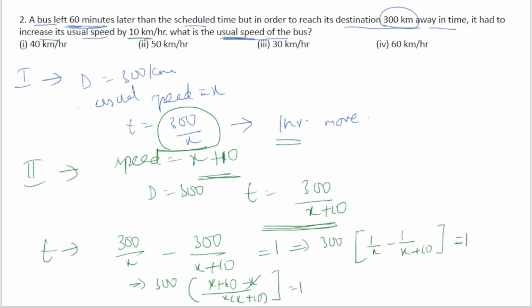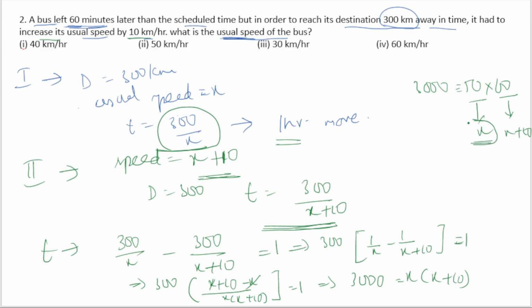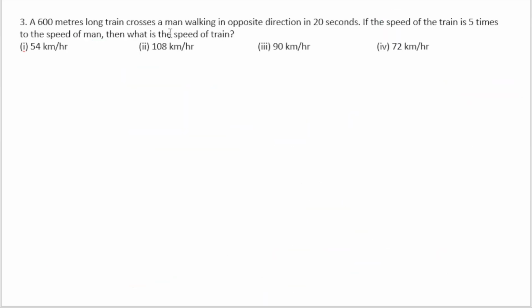So here x and minus x will be cancelled. 3000 is equal to x into x plus 10. Here 3000 can be written as 50 into 60. So here 50 is x and x plus 10 will be 60. So x is the usual speed. We have to find the usual speed of the bus. It is 50 kilometers per hour. It is the second option.